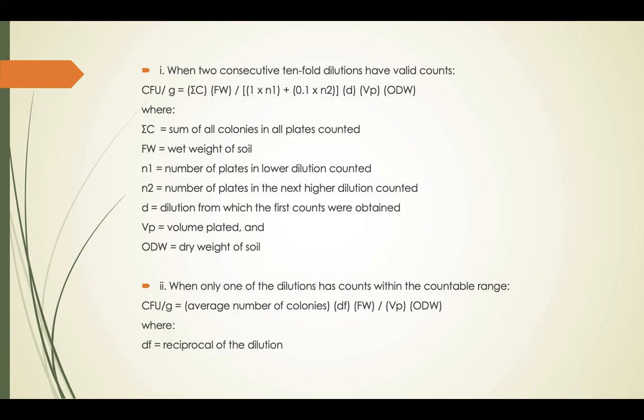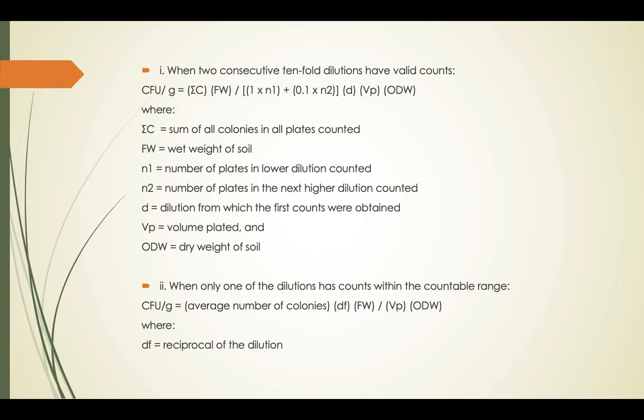Then D is the dilution from which the first counts were obtained, depending on which is available in our worksheet. VP is the volume plated. Since we did spread plating, that should be 0.1 ml. And then ODW is the dry weight of the soil.